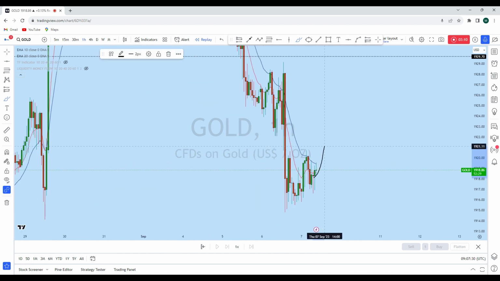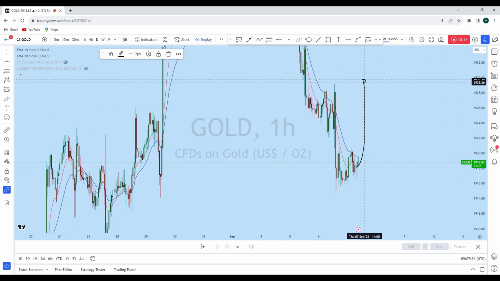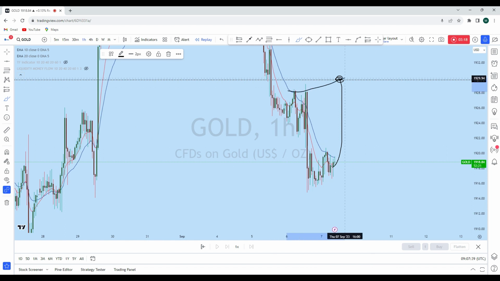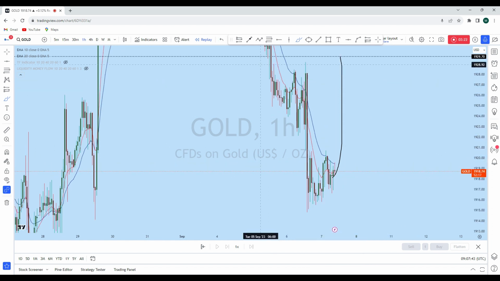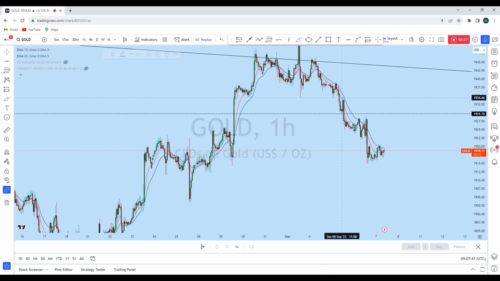One is for the price to go ahead and test this level, which is also an important liquidity zone along with the 38.2% Fibonacci level, and then from this zone to break down towards its direction. There is another probability for gold, as we see in this 1 hour time frame, still maintaining a downtrending market structure, to have another drop from this level to create a new lower low.